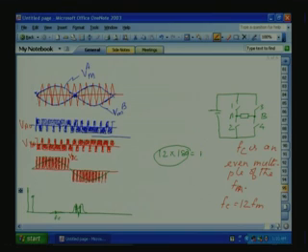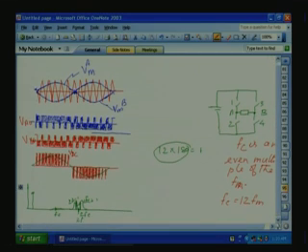This is 2FC plus 1 and 2FC minus 1. So the higher amplitude harmonics are shifted to the 2FC side.